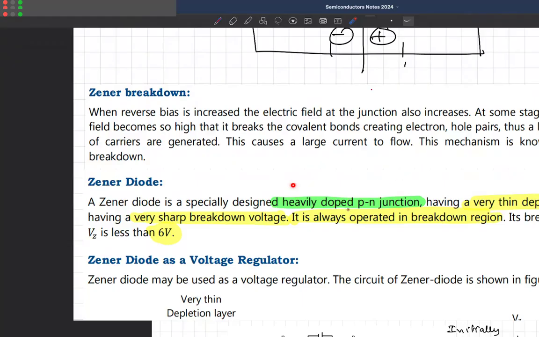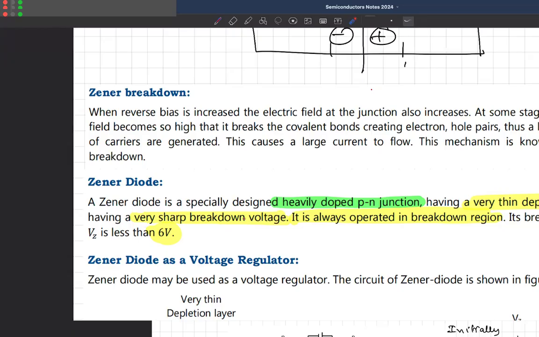Since it is heavily doped, it will have a very thin depletion region. Because the depletion region is thin, it has a very sharp breakdown voltage. Because of this sharp breakdown voltage, before they collide with another covalent bond, they will cross the depletion region. So the avalanche condition is avoided in a Zener diode.